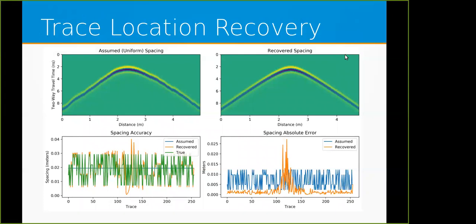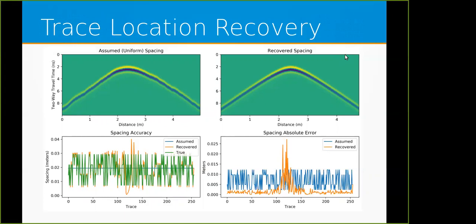So if we take the trace that corresponds to the apex of the diffraction and we cross-correlate that with all the other traces that contain signal of the diffraction, then we can establish a relative two-way travel time that we can then plug into that earlier formula and establish relative trace locations from the apex.